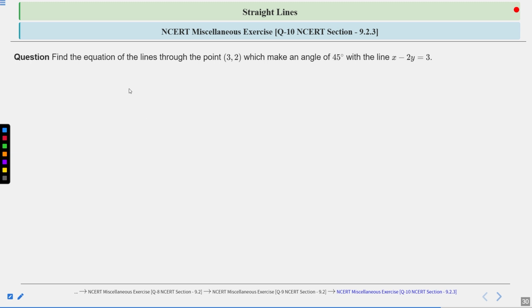In this question, we have to find the equation of the lines through the point (3, 2) which make an angle of 45 degrees with the line x - 2y = 3. Students, first of all, try it yourself.